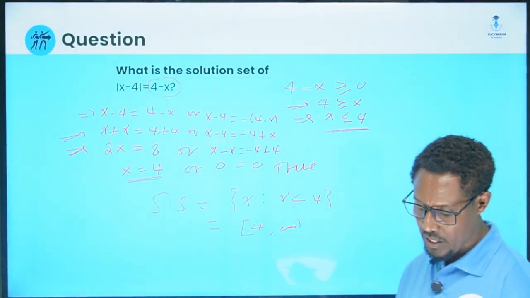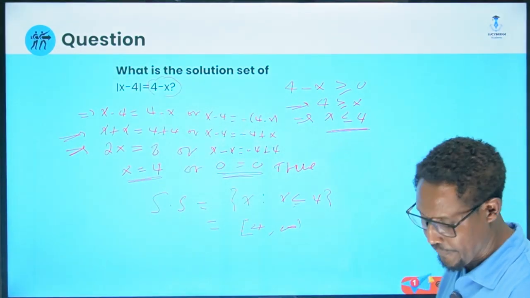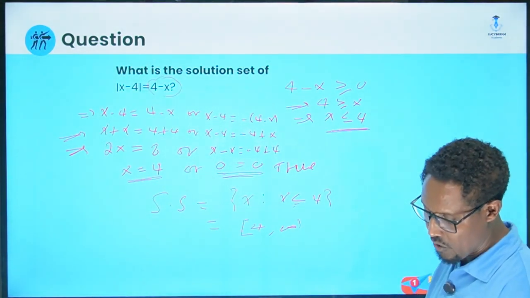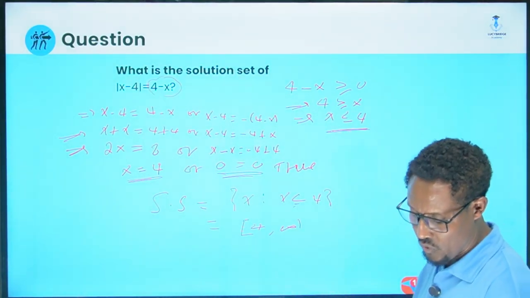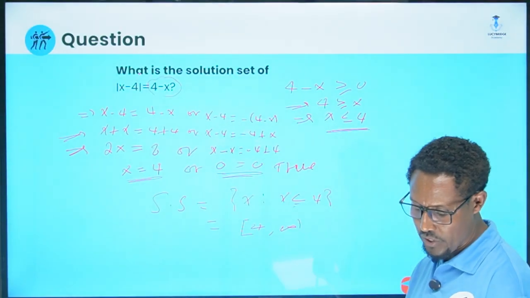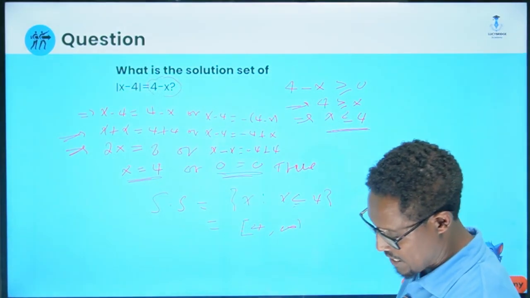Okay, the true means every number satisfies the given equation, but our domain must be x less than or equal to 4. The solution of this absolute value equation is x less than or equal to 4.